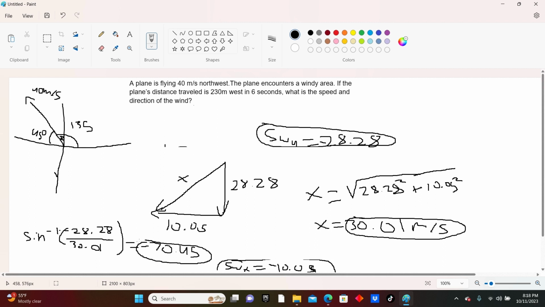So that would be our angle from the axis. It's also important to know that this is our angle from the horizontal here. If we assume this is the wind speed vector, which is here, our angle here is negative 70.45.